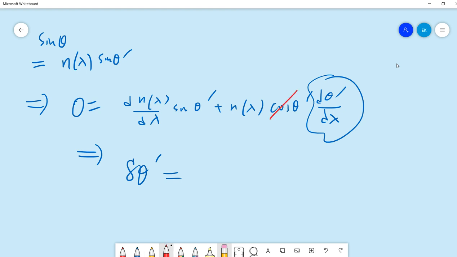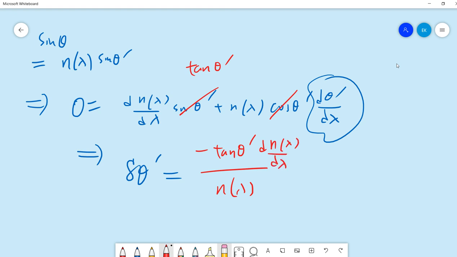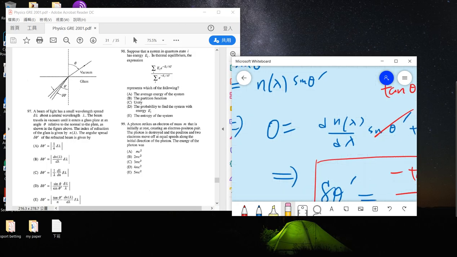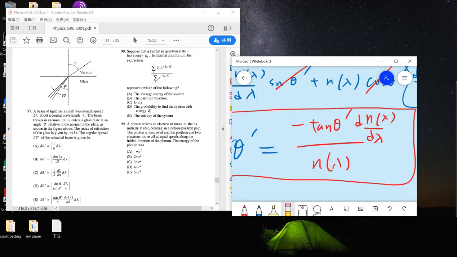So this one is tangent theta prime, n of lambda minus tangent theta prime dn d lambda over... So this one. And I take the absolute value, which is what we get, right? We get E.